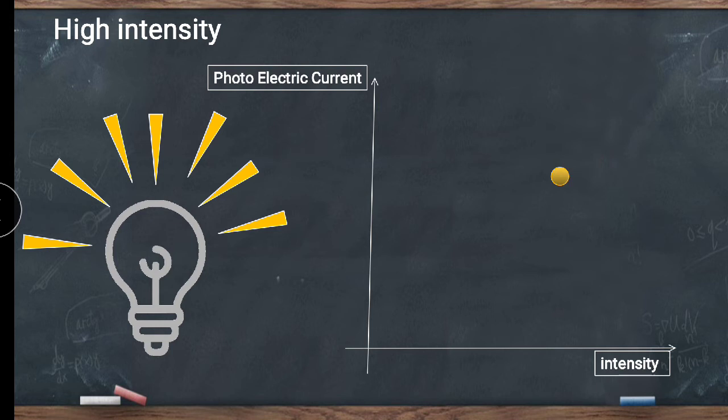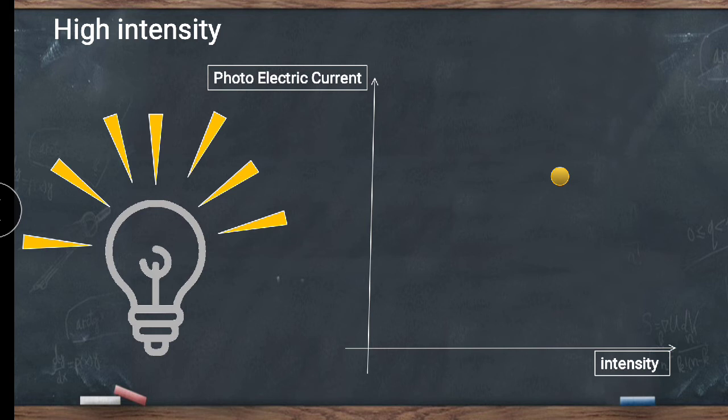Now why have we got this change? Because now we have provided the high intensity. So again, high intensity represents a large number of electrons. A large number of electrons represents more and more current, and more current represents the maximum position of the graph, right?